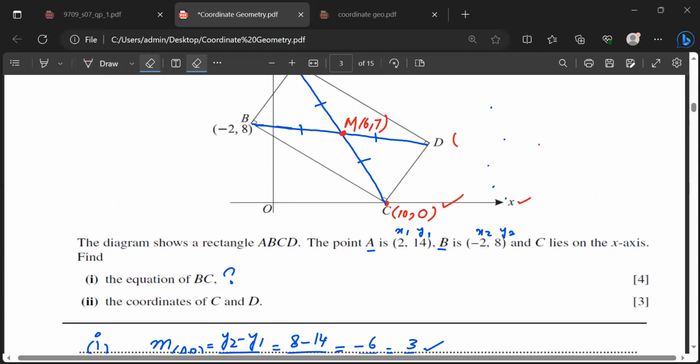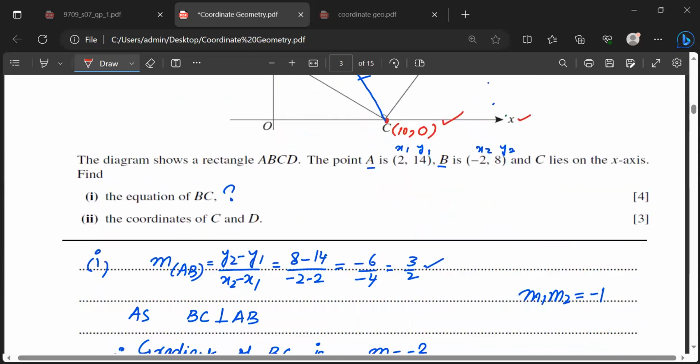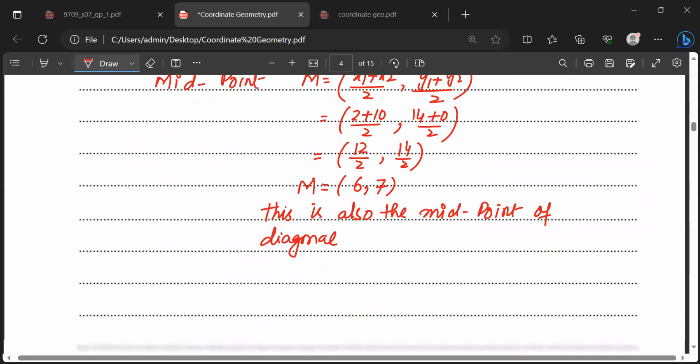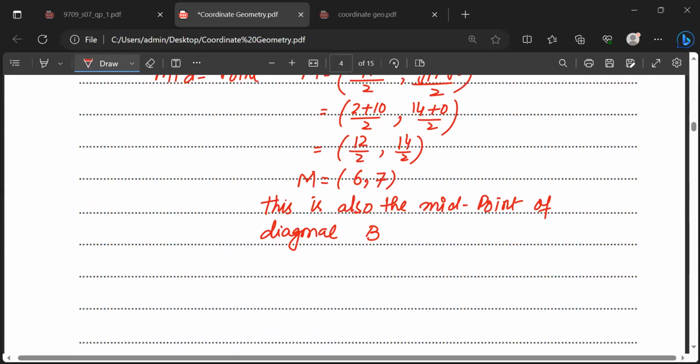So to find the coordinates of D, you can use the midpoint formula. Let D have the coordinates x comma y. So 6 comma 7 is also the midpoint of the diagonal BD.